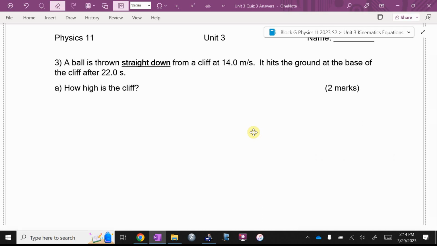So, Ashton, what's A asking me to find? How high? Which physics concept is it asking me to find? I'm going to be fussy. We're going to get a displacement, not a distance. In fact, I'm willing to bet we're going to get a negative answer because we are ending up below where we started.